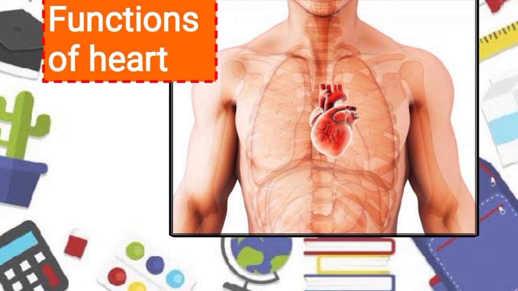The function of the heart in any organism is to maintain a constant flow of blood throughout the body, in animals or in humans, and it replenishes oxygen and circulates nutrients among the cells and tissues.